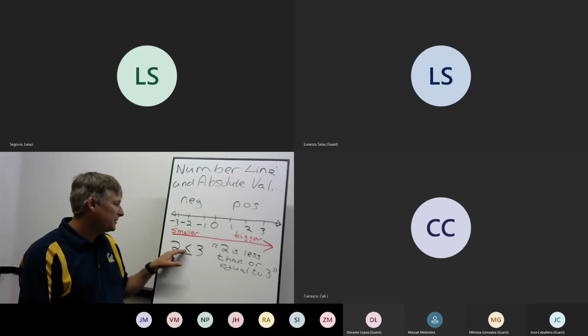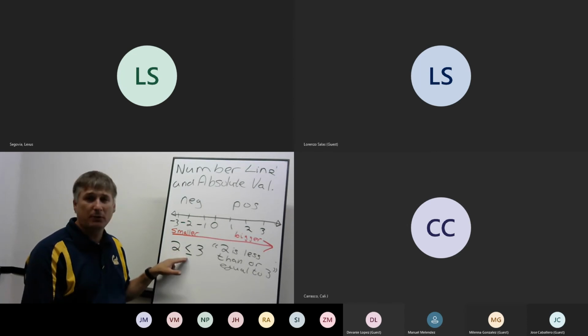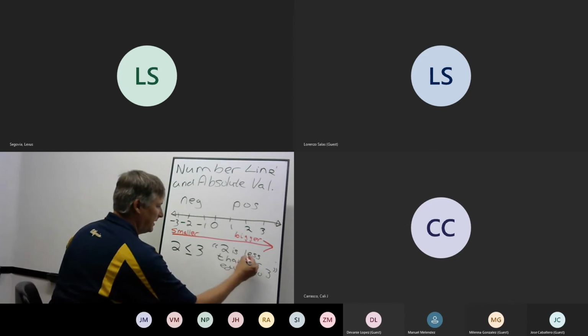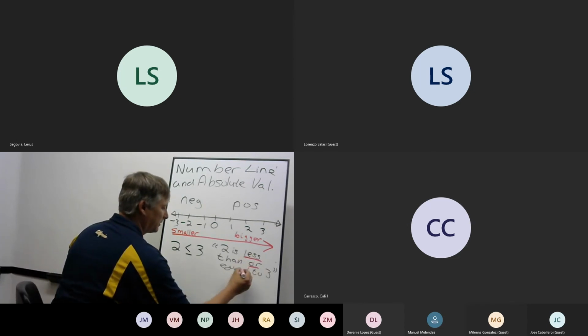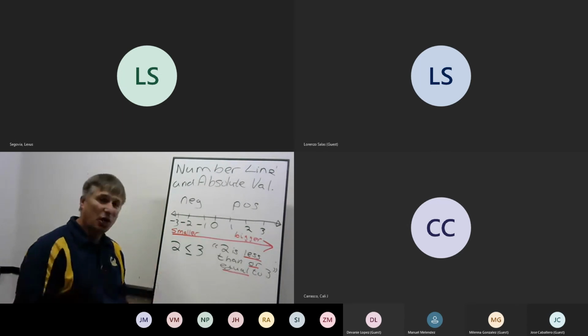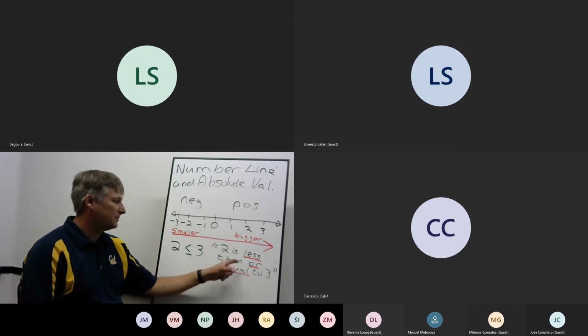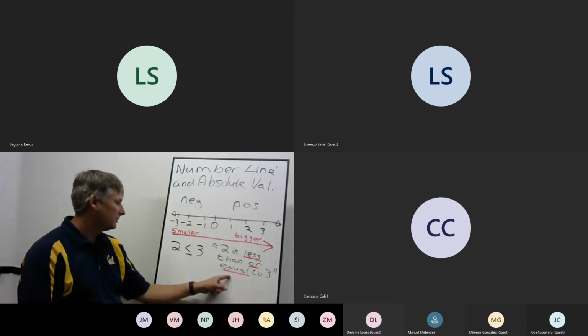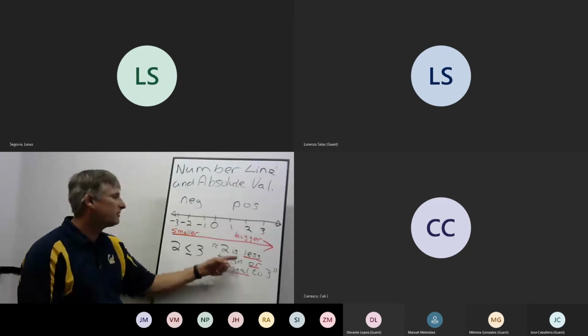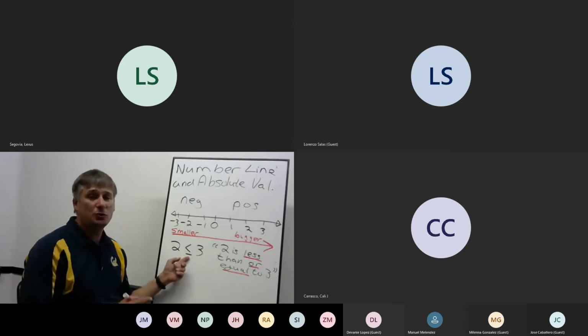2 is either less than 3 or it's equal to 3. You have two options: less or equal. And as long as one of these is true, then this whole thing is true. Well, as long as one of these things is true, then we can use this symbol.